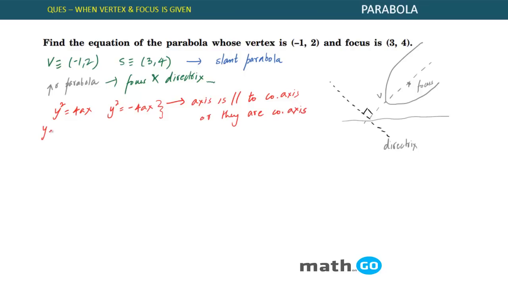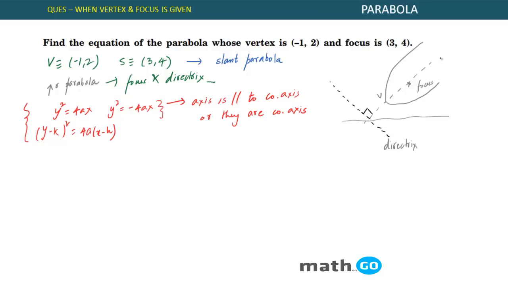In fact, I can add this also here. So they are only valid when the axes are parallel to your coordinate axis. Here it is a slant parabola, so we cannot apply formulas of this sort here. Be very careful. So now we have the focus, we need to find the equation of the directrix.